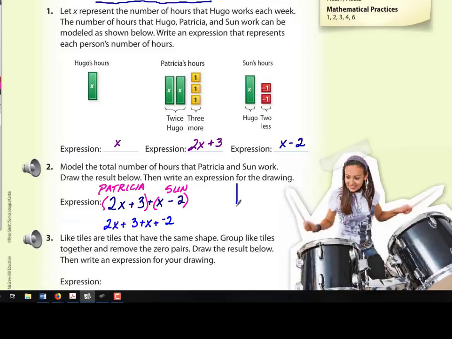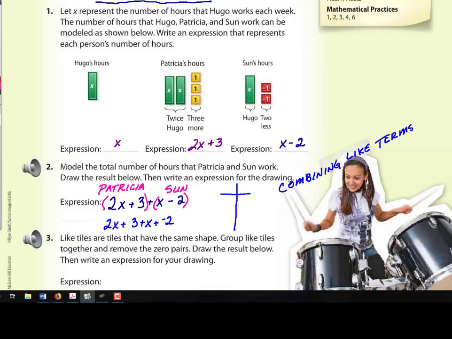All right, so now we're going to do a process that is called combining like terms. Go ahead and write this down. I always misspell combining. I leave off the extra ing. Combining like terms.